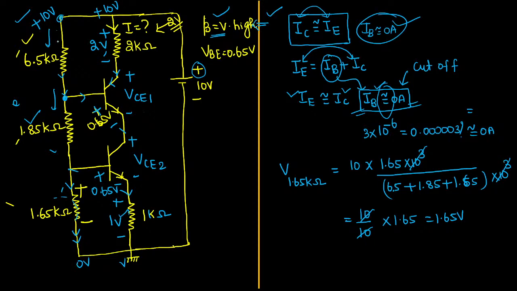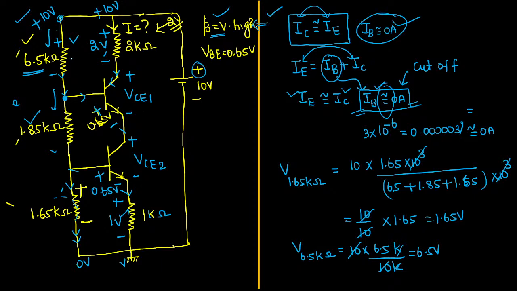Can you find out the voltage drop across the 6.5 kilo ohm resistor? Yes, by applying the voltage division rule. The voltage drop across the 6.5 kilo ohm resistor will be equal to 10 volts times 6.5 kilo divided by the sum of all the resistors, which is 10k. The 10s cancel, and it will become 6.5 volts only.